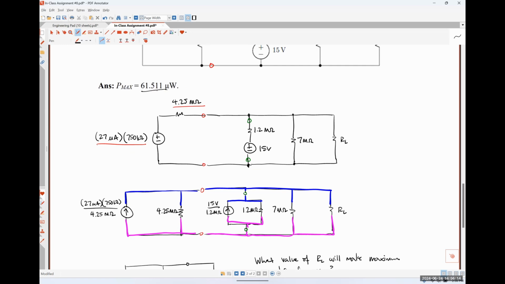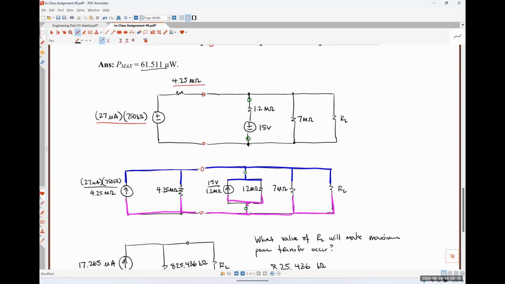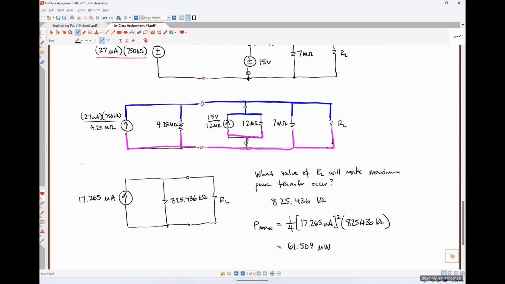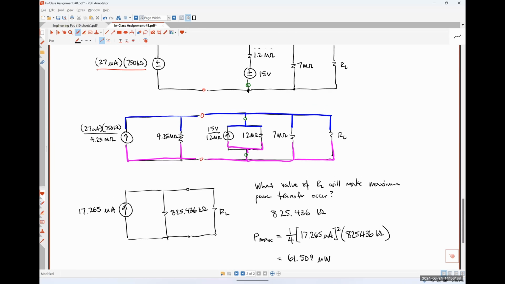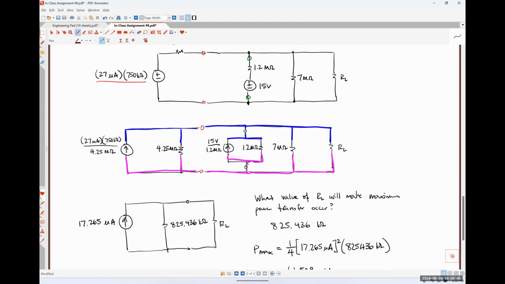I think I'm off with just a little bit of rounding error because I'm 2 nanowatts off. So I feel like that's pretty darn good. I did the 10 to the minus 6 and 10 to the third and got 61.512. Like I said, we're so close. I'm sure either I have some rounding error here, or more likely from when I did it the first time. But either way, we got the correct answer.